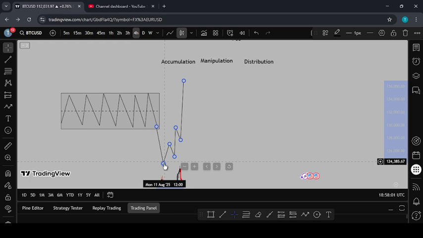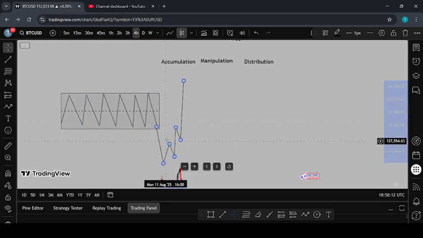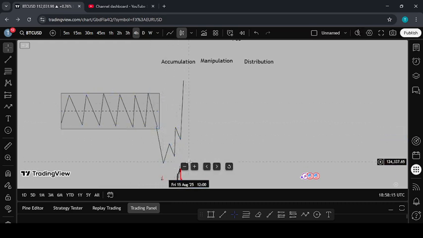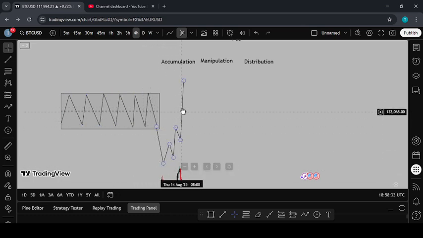Then breakout traders would want to trade off the retest, saying since this was a support and it has been broken, I want to enter at a retest to short the market down. Then all of a sudden the market makes that manipulative move and goes up again to take out the liquidity above this resistance region. This down and up movement is what we call the manipulation stage, right?